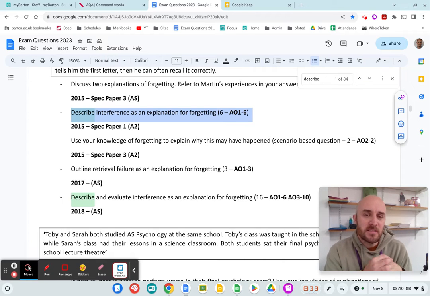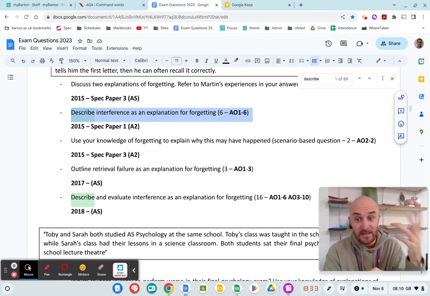So for 6 marks, a useful guide is you want to aim for 8 separate points, 8 separate elements, 8 separate ticks you want to get from the examiner. So you need to be able to describe every theory, treatment, and study enough to be able to get 8 ticks on it, if there's 8 ticks on it, of course.